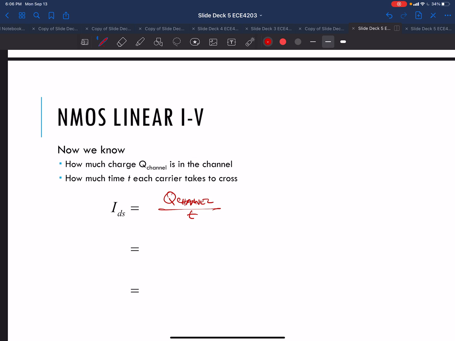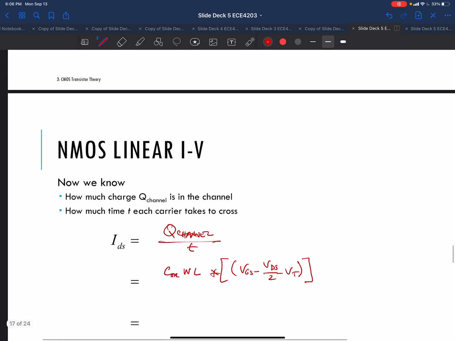The charge in the channel is Cox W times L times the voltage, VGS minus VDS over 2 minus VT, times 1 over time.